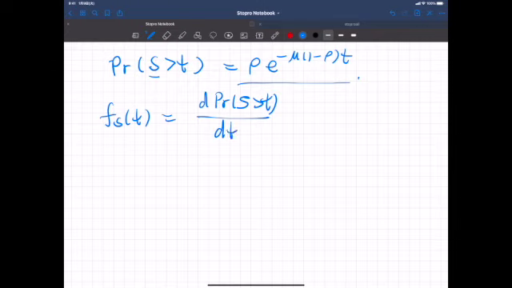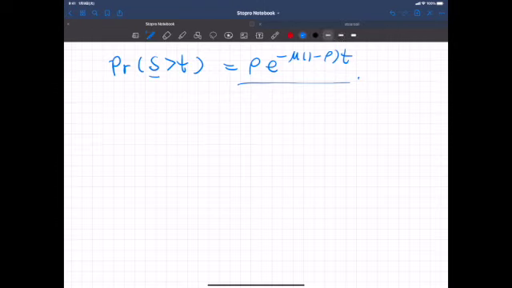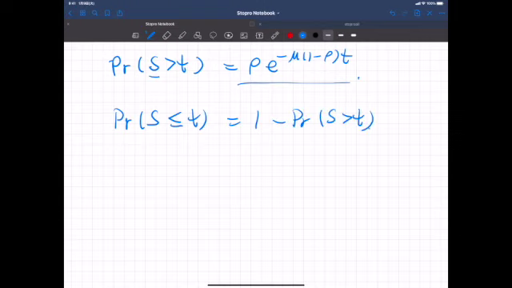Oh, wait a minute. Sorry, this is not the cumulative distribution. The cumulative distribution function is not this, but let's see. It's this, less than or equal to t, which is 1 minus this. So we differentiate this probability, s less than or equal to t, with respect to t.